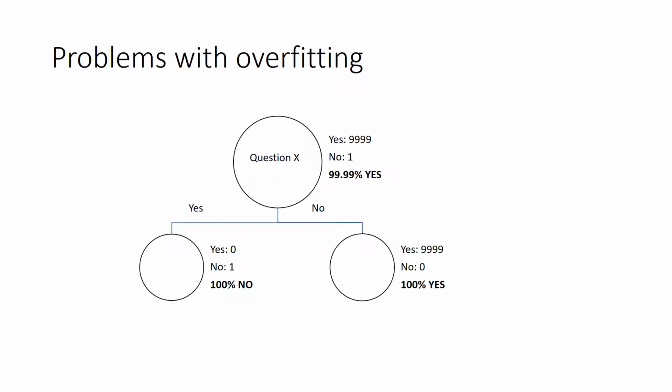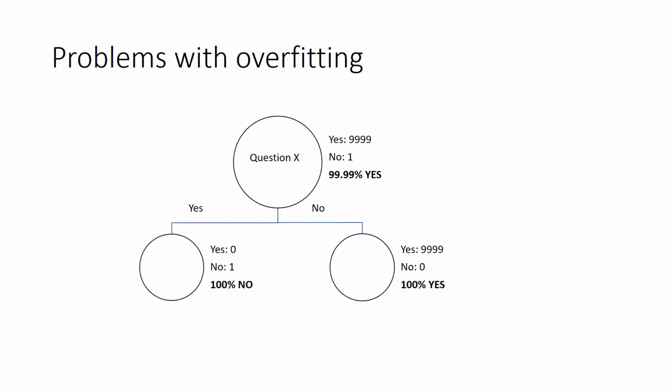So let's take this example. Let's say, and now I don't care what the application is, I have my dependent variable, the output variable, and the distribution says 9999 yeses and 1 no. But I do have a question X that will split this into 2 distributions.